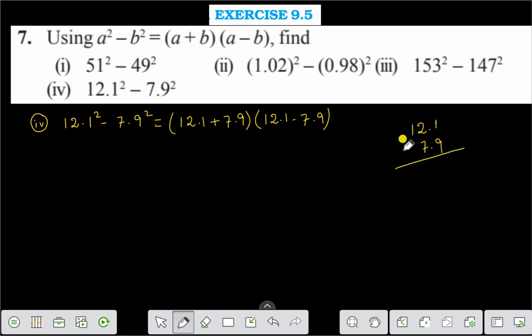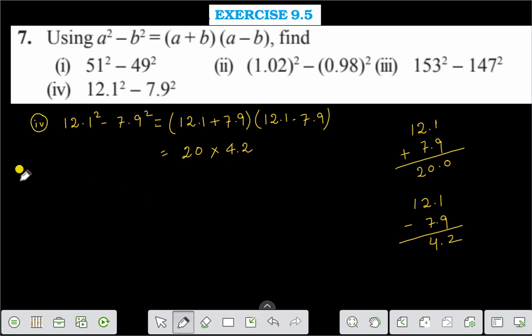Then we are getting 1 plus 9 is 10, carry 1, it is 0; carry 1, 7 plus 1 is 8, plus 9... 10, 0, carry 1, 2, that is 20.0, or 20, into, if you subtract 12.1 minus 7.9, that is 4.2. 20 into 4.2.